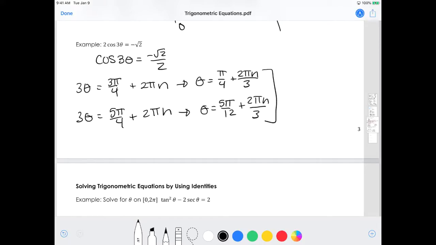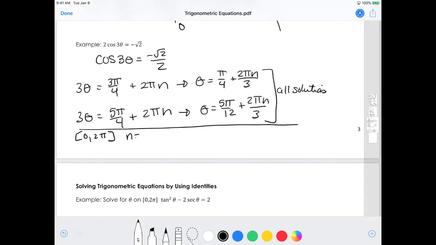So this would be all solutions. If I want to find it specifically for the interval 0 to 2 pi, I have to start plugging in values for n and make sure that I do not go over 2 pi.